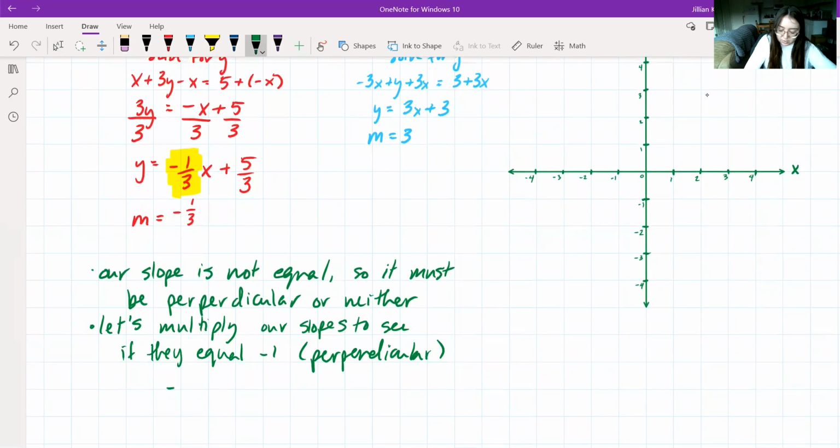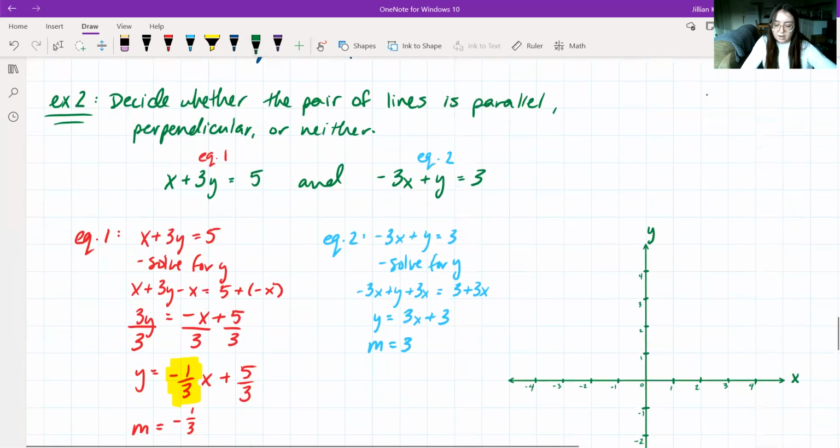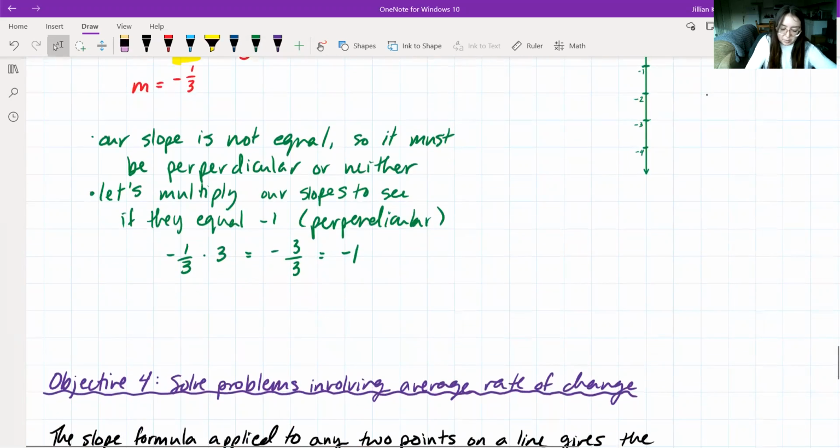So we have negative 1/3 times 3. That would become negative 3/3, which is negative 1. So our pair of lines are perpendicular.